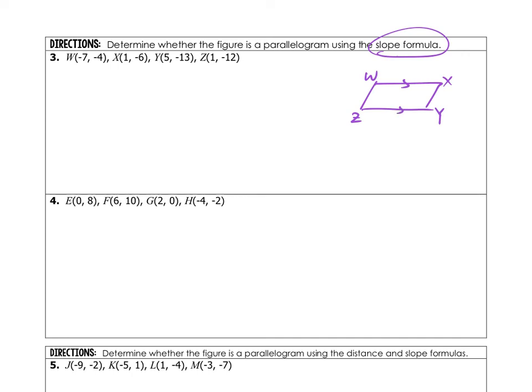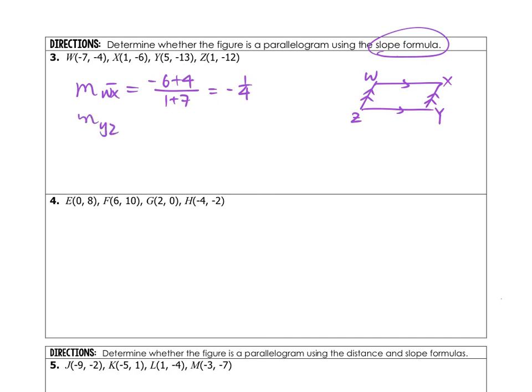If I can just prove that these two sides are parallel to each other and WZ is parallel to XY, that's how I would do it. So let's calculate the slope of WX. I would have rise over run, right? Y2 minus Y1 over X2 minus X1. So I should have negative 1/4.